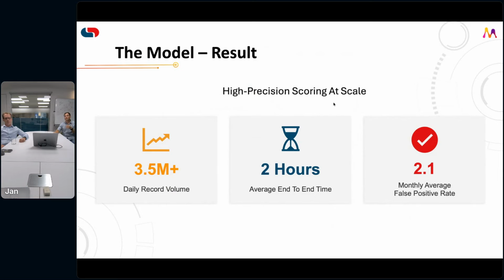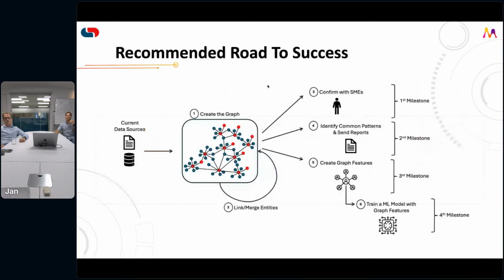So we found this to work at scale, and then we come to our not final slide, but our recommended road to success. What we would recommend to any Memgraph client, or if you are starting with graphs, is to follow these 5 steps to plan out your project.